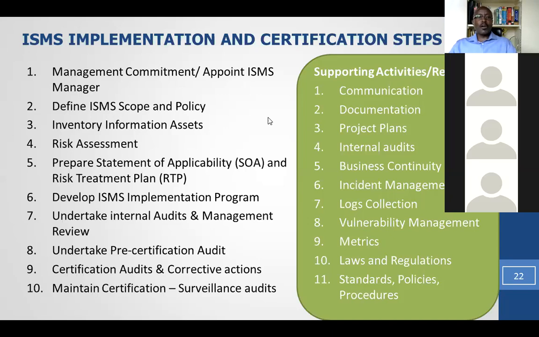Once you do that, then out of that risk assessment process, you normally have a statement of applicability and a risk treatment plan. Now, the statement of applicability is a document that's normally very, very unique to ISMS. There are no other management systems, for instance, like the quality management systems or environmental management systems that have or require a statement of applicability. It is only unique to information security.